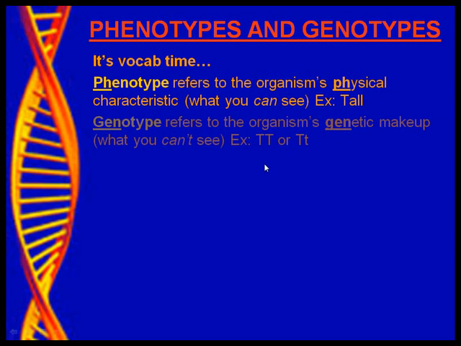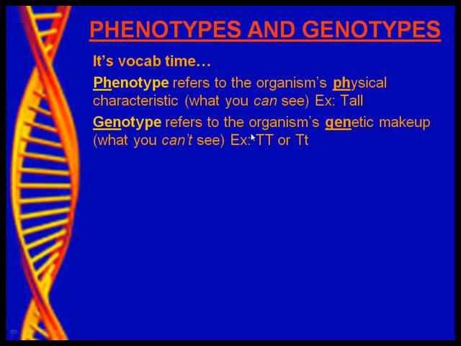That's phenotype. The next one is genotype, and these are the opposite. Okay, genotype, again G-E-N, because it refers to the organism's genetic makeup. When you turn to someone in class, you're not looking at their genes, their chromosomes. You're looking at tall or short, or brown hair, or light eyes, or whatever. That's the phenotype. The genotype is the genetic makeup. It's what you can't physically see.